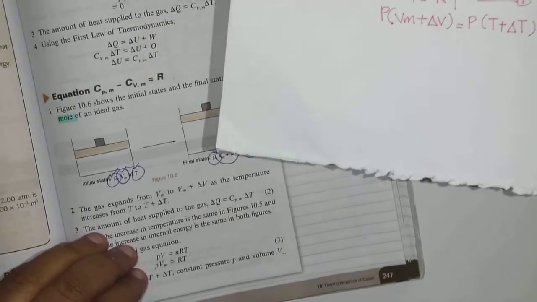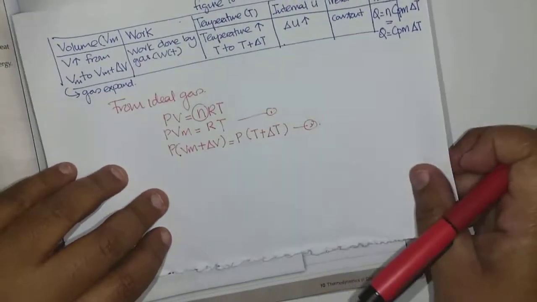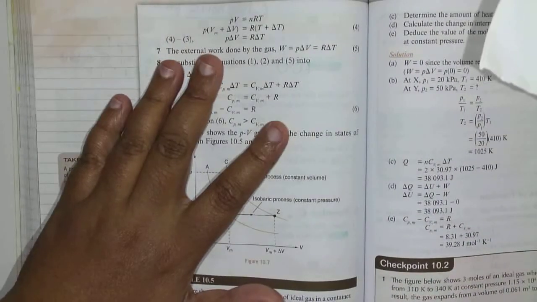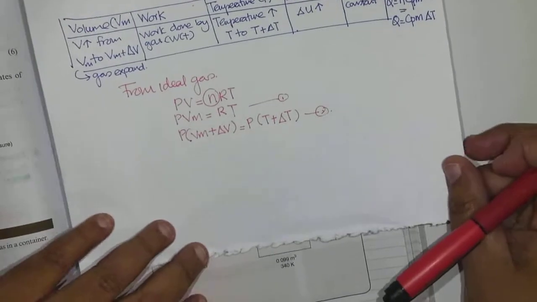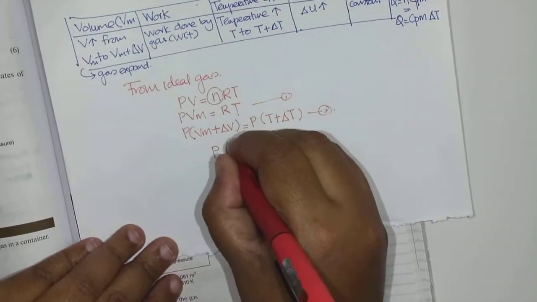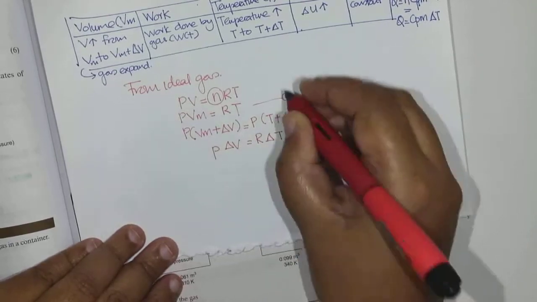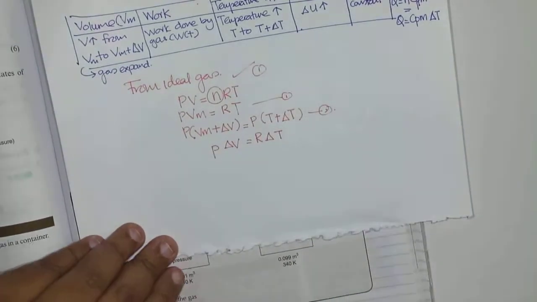You will notice that the book takes 4 minus 3, but I take 2 minus 1 based on my example. 2 minus 1, you get P delta V equals R delta T. That is concept number 1.